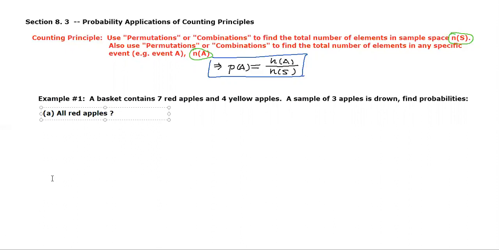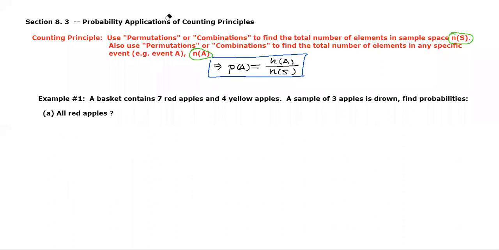The next one I want to find is the probability that I will get 2 yellow. Let me erase this.